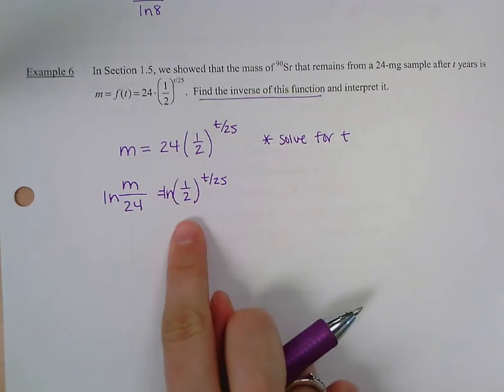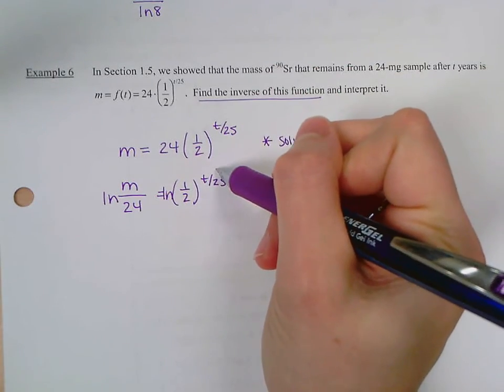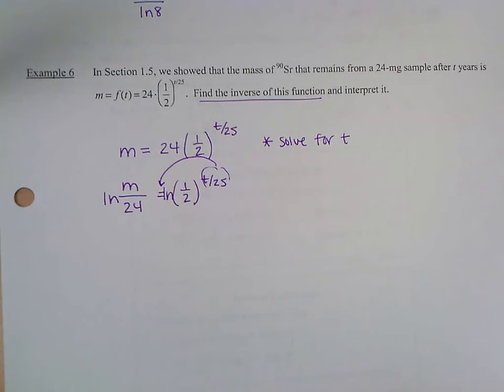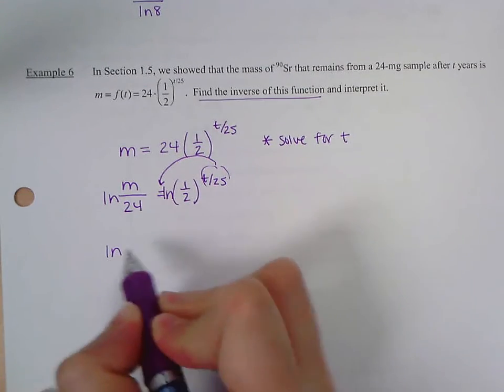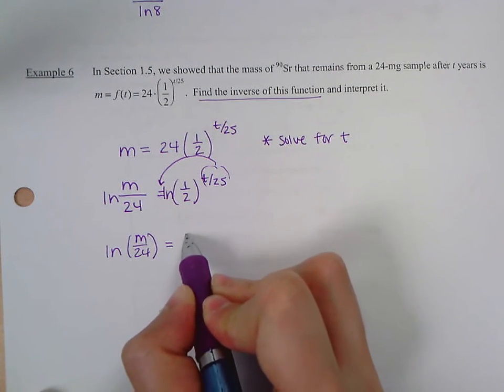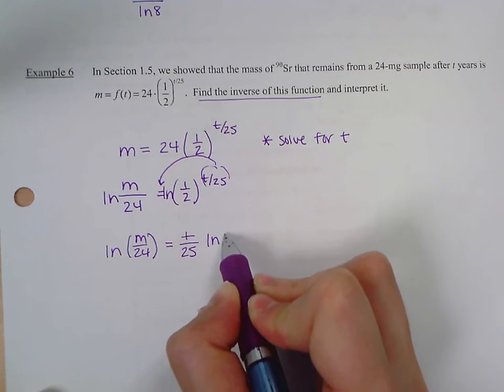It is not going to cancel out the 1/2, but by laws of logs, it allows me to bring this down in front. And now it's no longer an exponent. So I'd have natural log of m divided by 24 equals t over 25 times the natural log of 1/2.